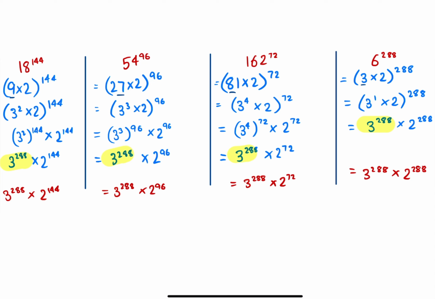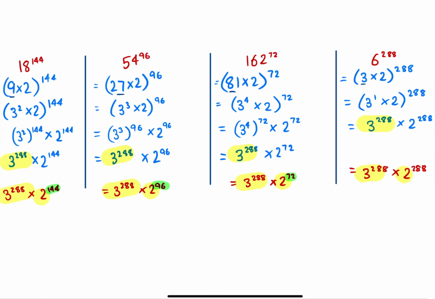Okay, and again, if you notice, the first number is the same in all of these, and the second term, 2, is also the same in all of these. The only thing that's different is the top number, which in the first one is 144, and then 96, and 72, and lastly, 288.